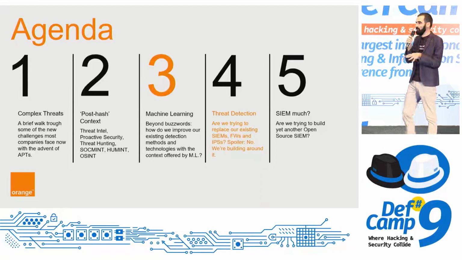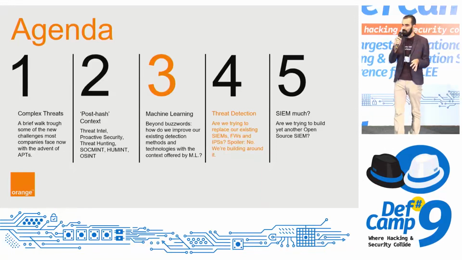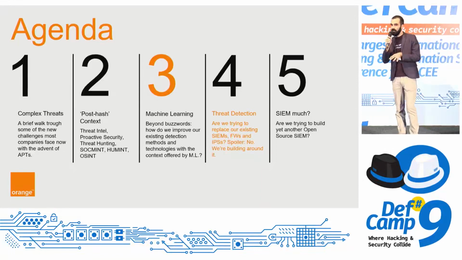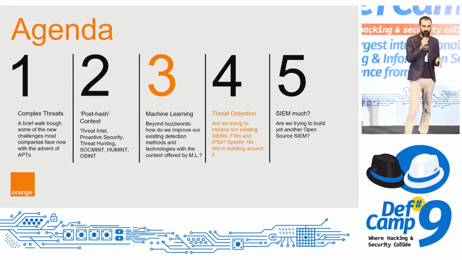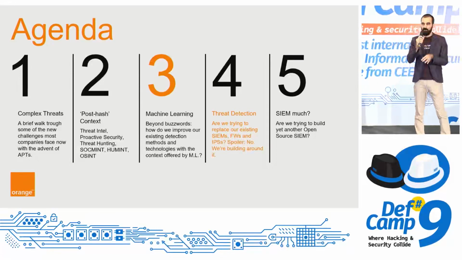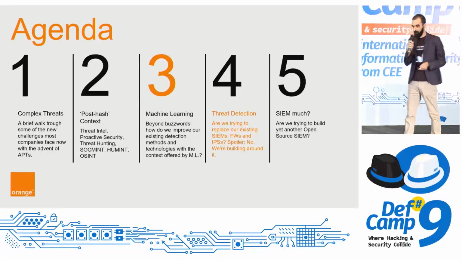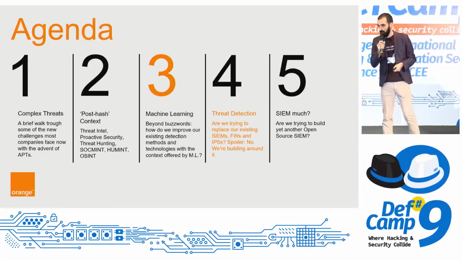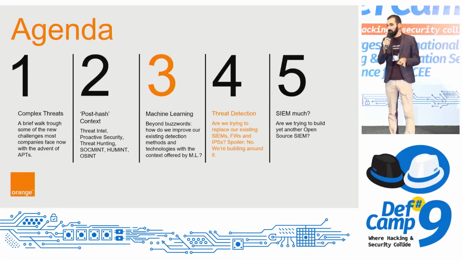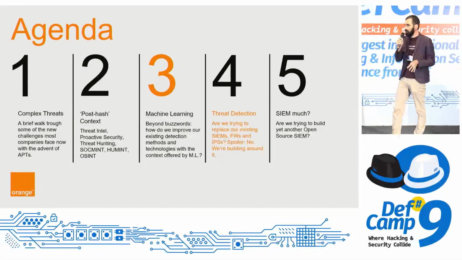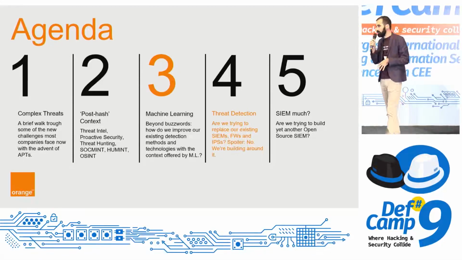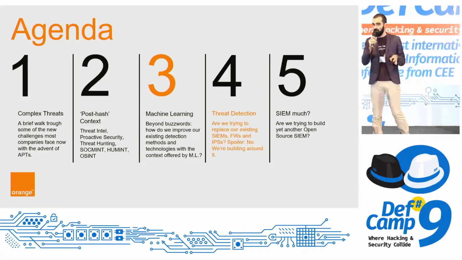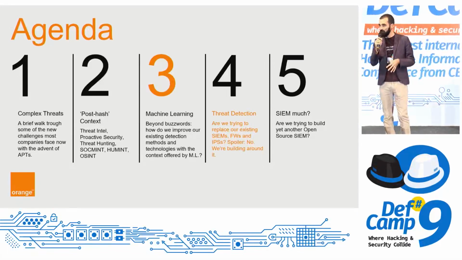What do our machines, our technology need to go beyond detecting signature events? And of course, one answer might be machine learning. I'm going to give you a sneak peek, a very high level overview of what we're doing back at Orange, using some advanced algorithms to detect some very advanced threats.